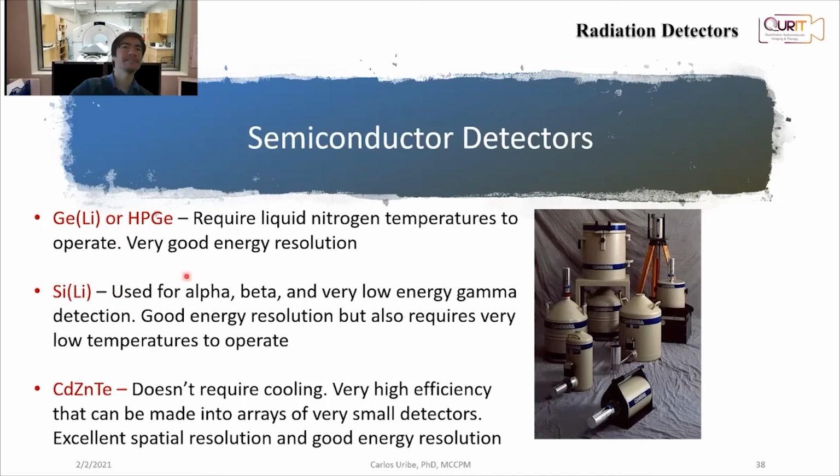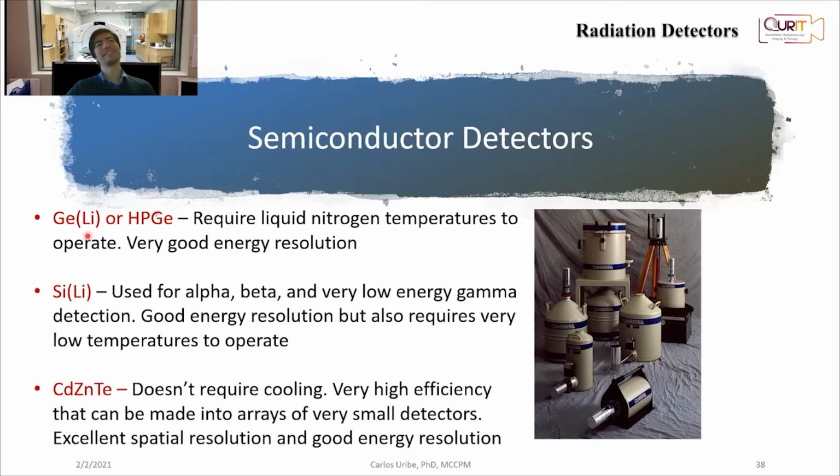Silicon, okay, yeah. Germanium detectors have very, very good energy resolution. We're going to see a little bit of a graph in a moment. Silicon are typically used for alpha, beta, and very low energy gamma detection. So they have good energy resolution, but they also require very low temperatures to operate.